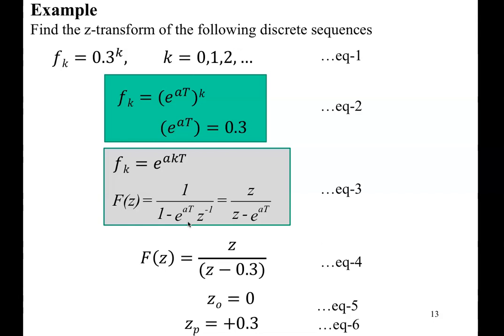It's just expressed for engineering purposes in continuous time when we keep the e there, but essentially, it is a number. From there, I can find zero equals 0 and pole equals positive 0.3. That's really the Z transform of that. So consider this 0.3 as e to the power a times T if you want to use a formula for the Z transform of the exponential function.